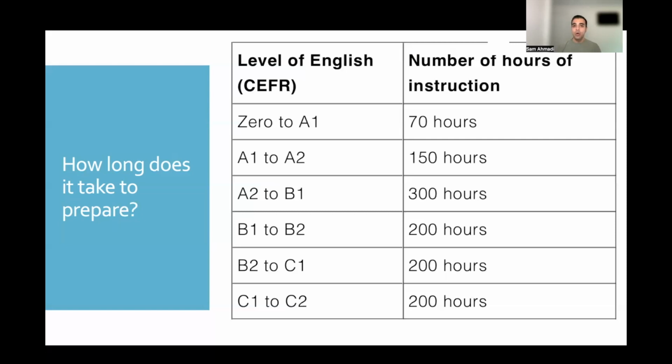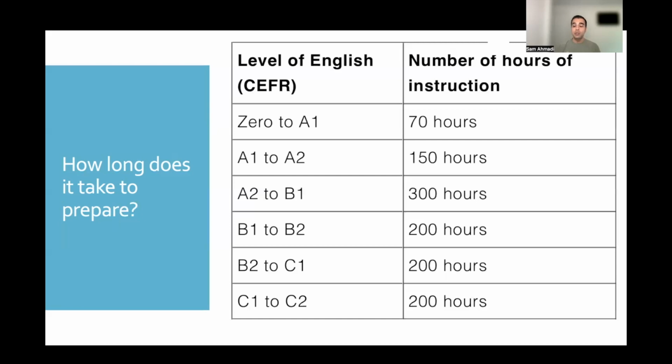Now, please also keep in mind that these are approximate numbers. It can vary from person to person. It can vary based on your first language. So if your first language is very different from English, if you have a different writing system, a different alphabet system, then you will have a more difficult time improving and building your proficiency.